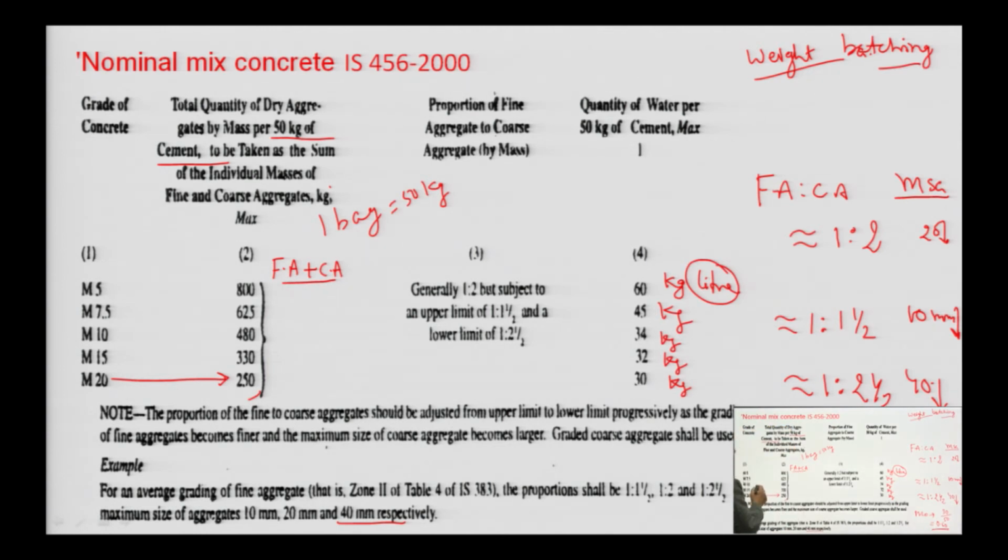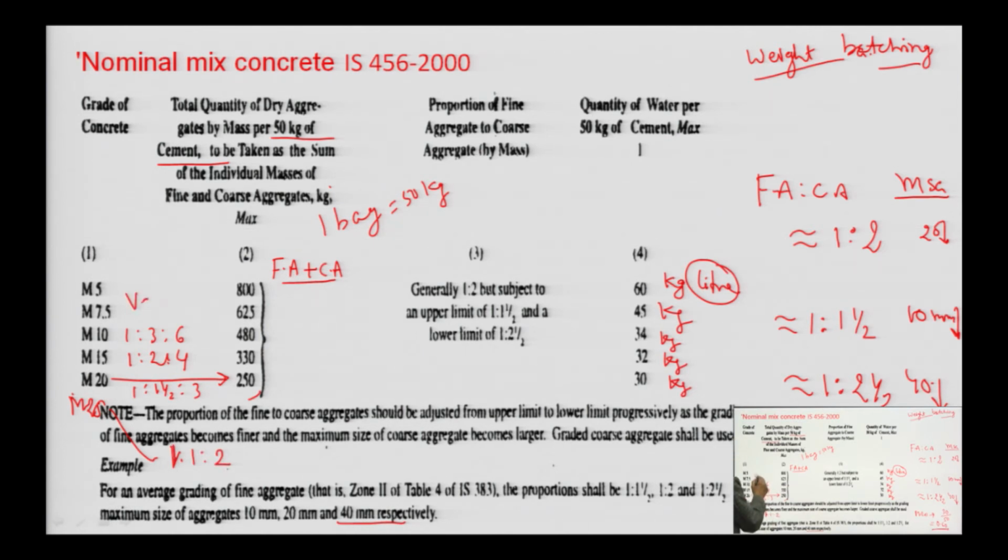Suppose you want to use M10. They were taking 1:3:6 by volume, here 1:2:4 by volume, and for M20, 1:1.5:3, and they had M25 also. M25 had a ratio of 1:1:2.